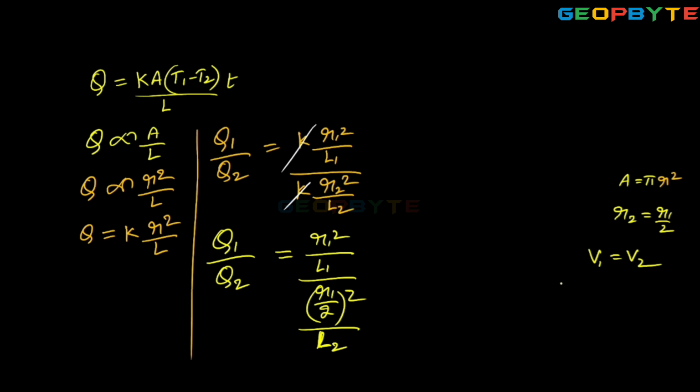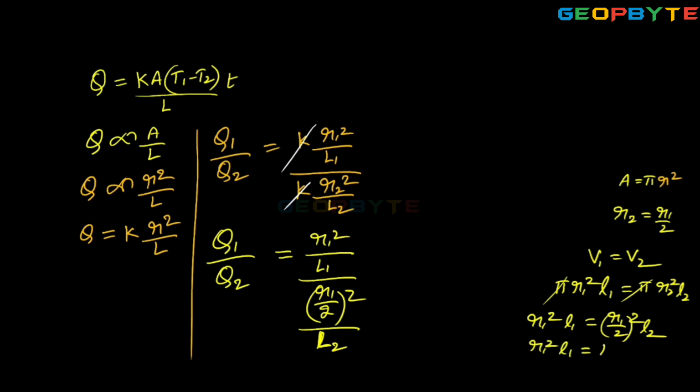V1 equals pi R1 square L1 equals pi R2 square L2. Pi part is cancelled. R1 square L1 equals R2 square, that is (R1 by 2) whole square, L2. Here R1 square L1 equals R1 square by 4 L2.